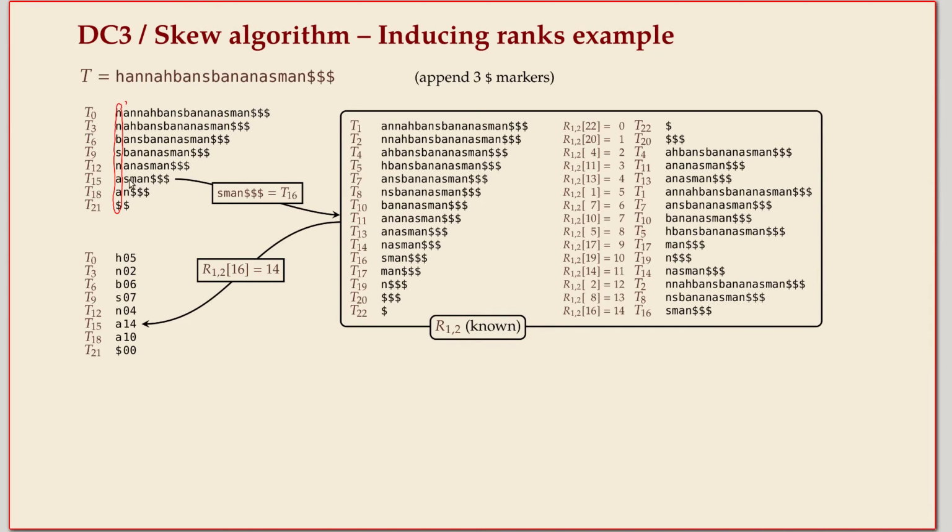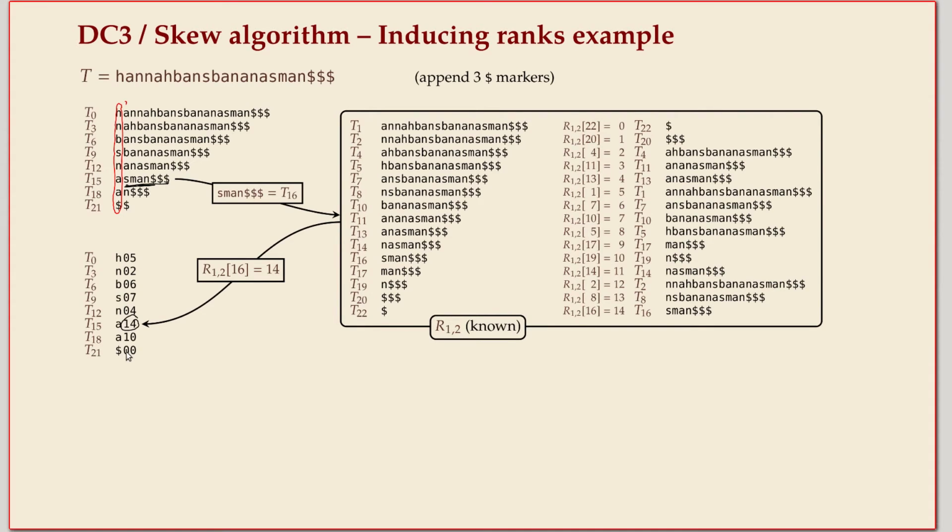So we can always take this remaining part, find it in this list, and translate it to its rank using R12. So we replace the whole suffix, the whole S-man $, by the number 14, which is the rank of this suffix in R12. And we do this for all of them.